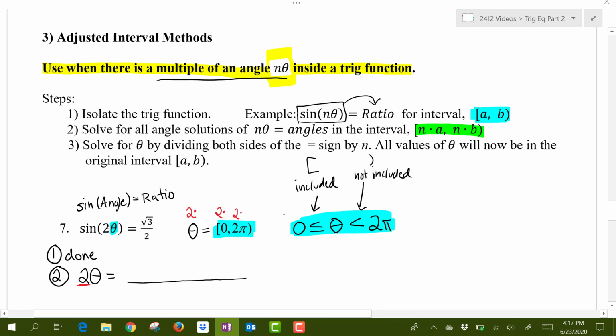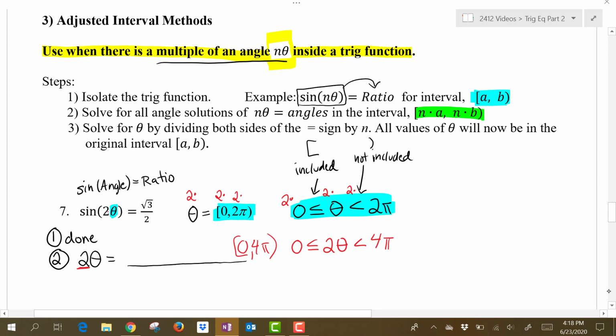So I'm going to take this interval and multiply through by 2. 2 times 0 is 0. 2 times theta is 2 theta. 2 times 2 pi is 4 pi. So the interval that we're actually going to be solving for 2 theta is 0 to 4 pi.